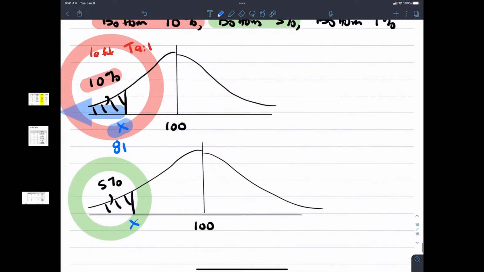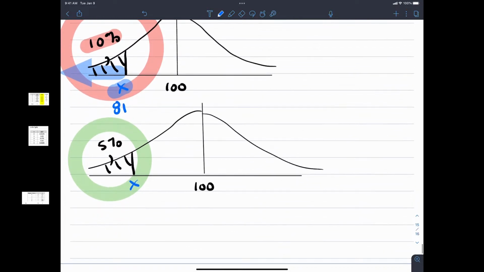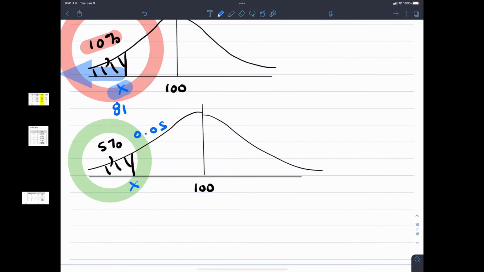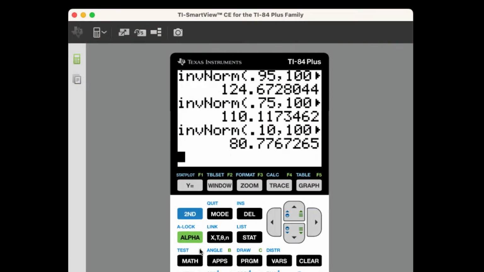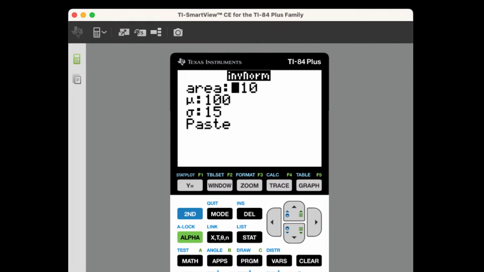You guys agree? But now the area in the left tail is 5%. Okay, that's the bottom. So if it's ever bottom, it's area to the left. It's the left tail. So you just have to know how to represent 5%. There's your 5%. So I'm going to stick with the default. It's always area to the left: second distribution, inverse norm, and it's now going to be 0.05.